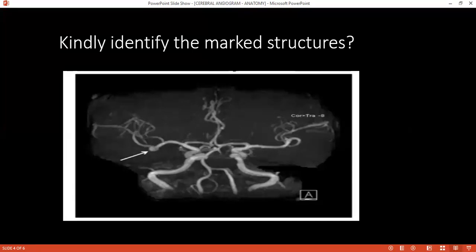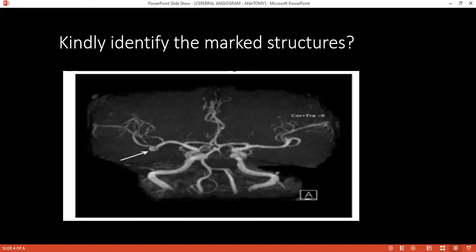What are the other types of hemorrhages that can occur in the brain? Extradural hemorrhage. Okay. How would you differentiate subarachnoid from extradural? Pass this question. Okay. Right.